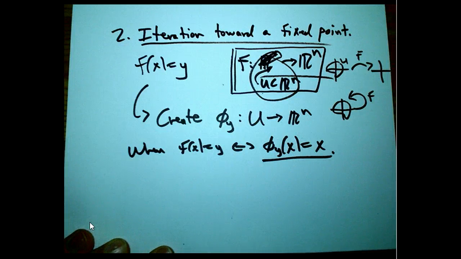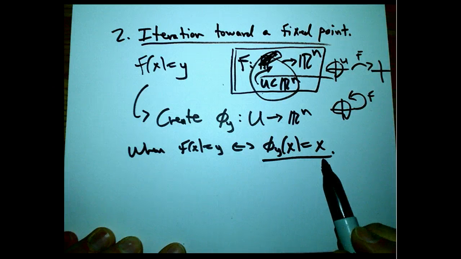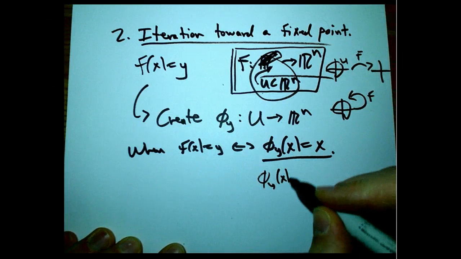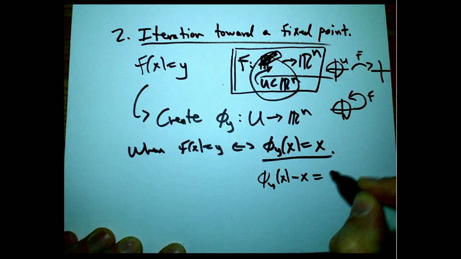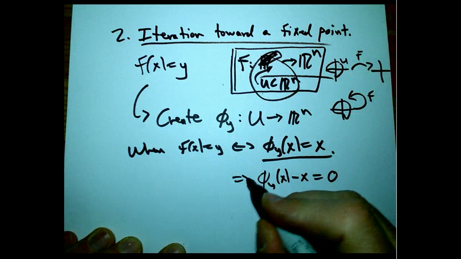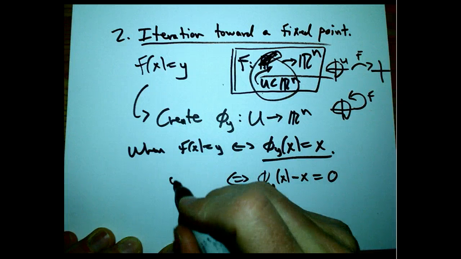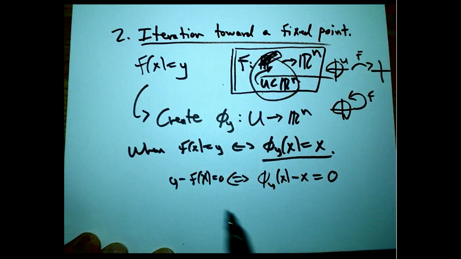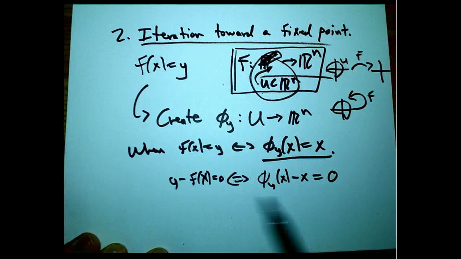Okay, so we want to figure out when that's going to happen. All right, so I'm just going to put everything on one side. So we want phi sub y of x minus x to be 0 at the same time that y minus f of x equals 0. Well, the easiest way to do that is to make these two left-hand sides equal.